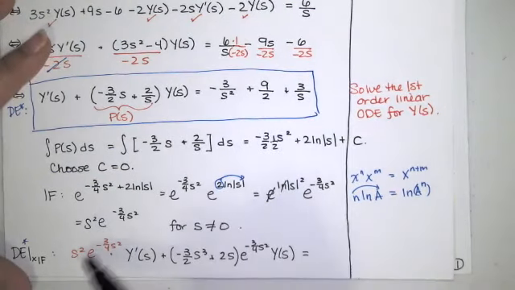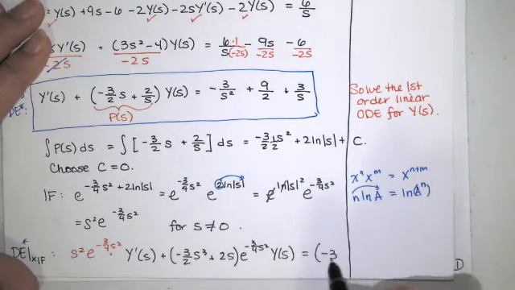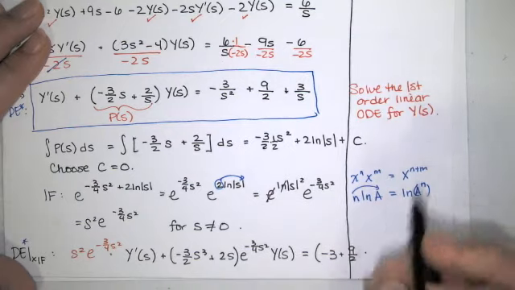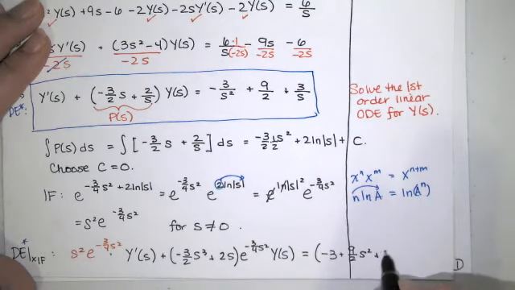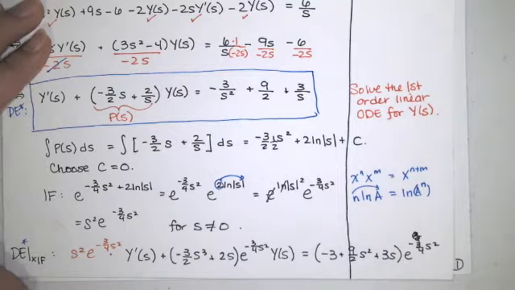So if I take this and I multiply it by that, the s squareds are going to reduce. So I'll just have a negative 3 plus 9 over 2 times s squared plus 3 over s times s squared is just going to give me 3s times e to the negative 3/4 s squared. Okay.